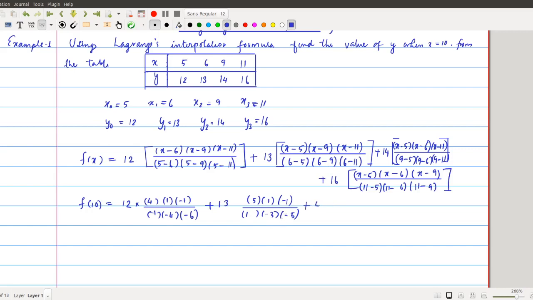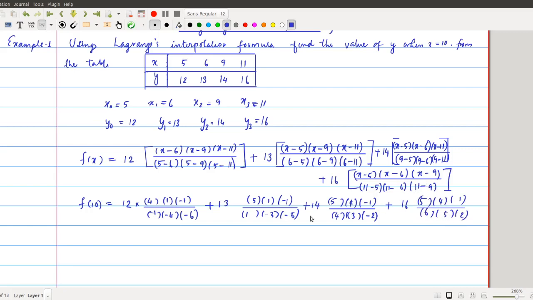Plus we have 14 times 5 times 4 times minus 1 divided by 4 times 3 times minus 2. This is from the third term, and finally we have 16 times 5 into 4 into 1 divided by 6 into 5 into 2.